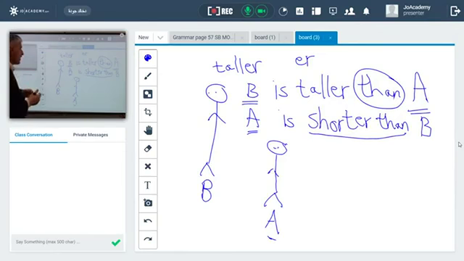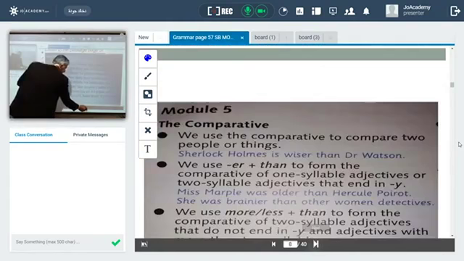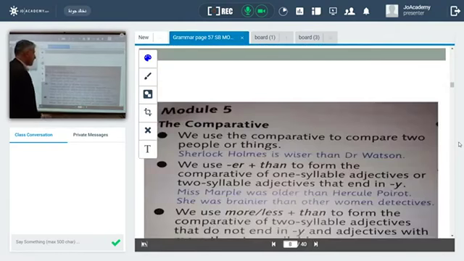So let's go back to the grammar, and let's move the slide here. Okay. The comparative. Let's look at the comparative and decide what it means.